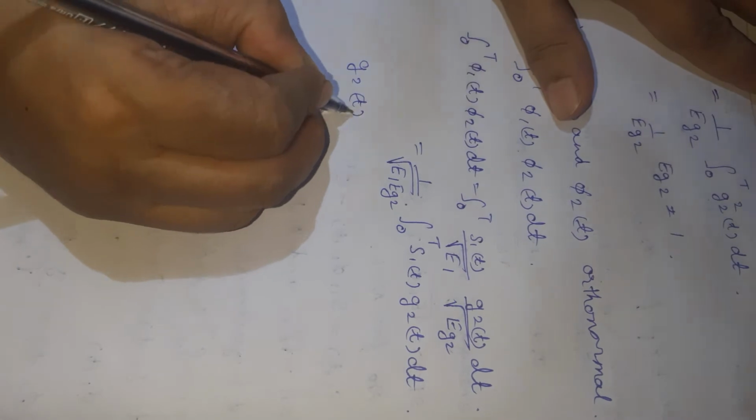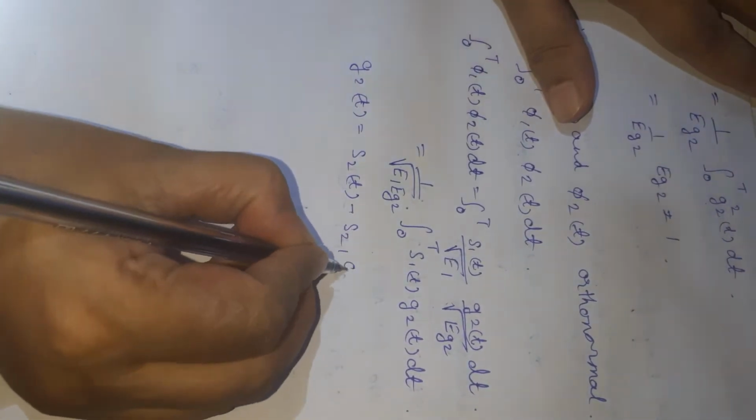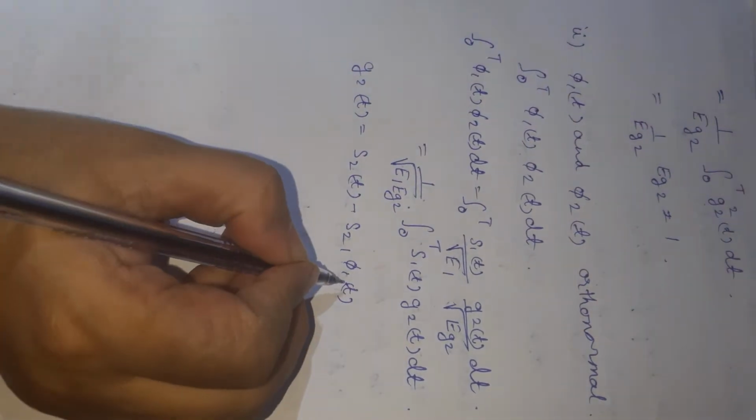g2 of t is equal to s2 of t minus s21 phi 1 of t.